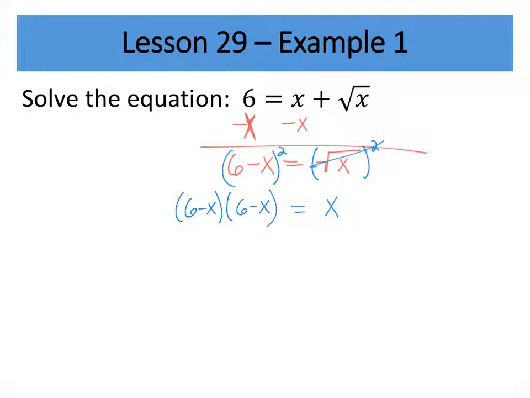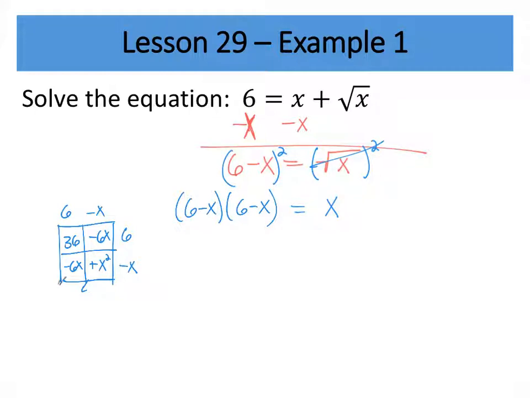And I'm going to have to bust out a little bit of polynomial multiplication to finish this problem. So 6, and then negative x, and then 6, and then negative x. So 6 times 6, 36. 6 times negative x, negative 6x. 6 times negative x is negative 6x. And negative x times negative x is positive x squared.